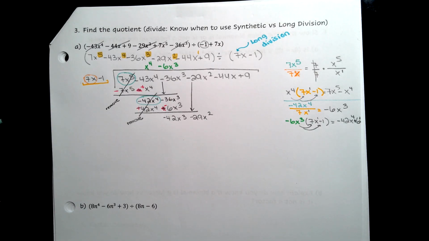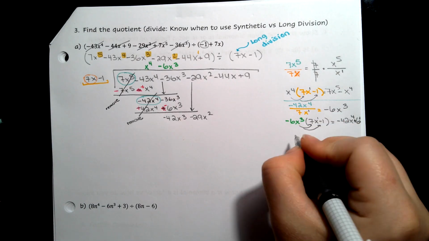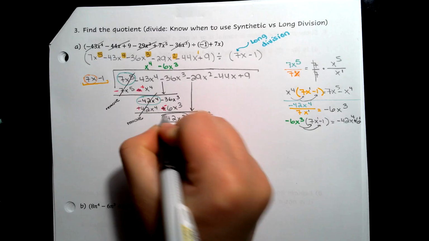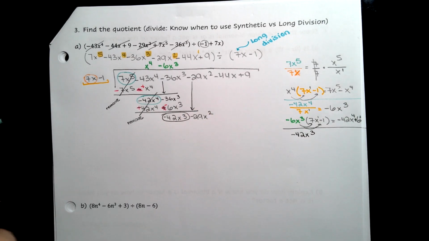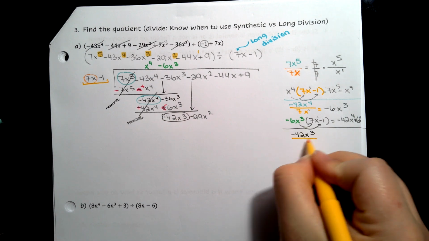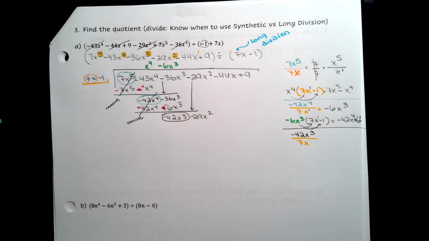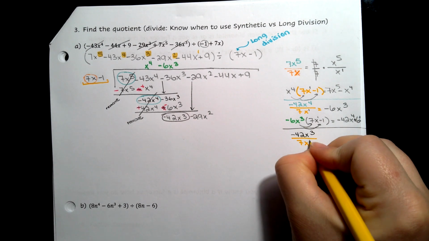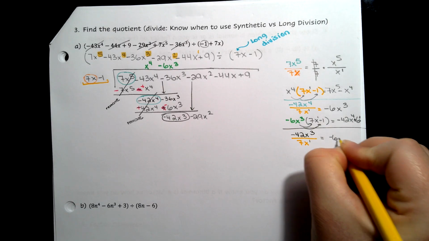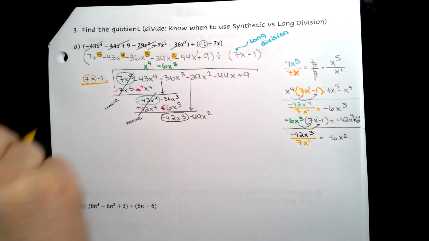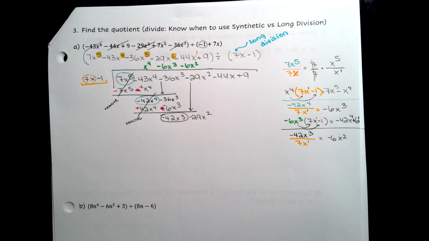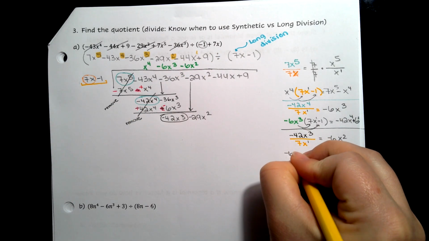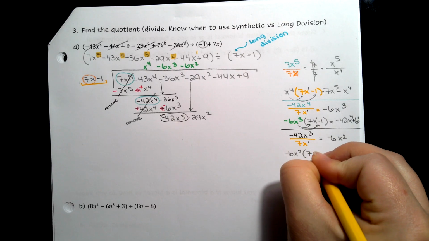So then once again, we take that negative 42x cubed. We're going to be dividing it by 7x. We get a negative 6x squared. So we're going to write in that negative 6x squared, multiplying it by 7x minus 1.